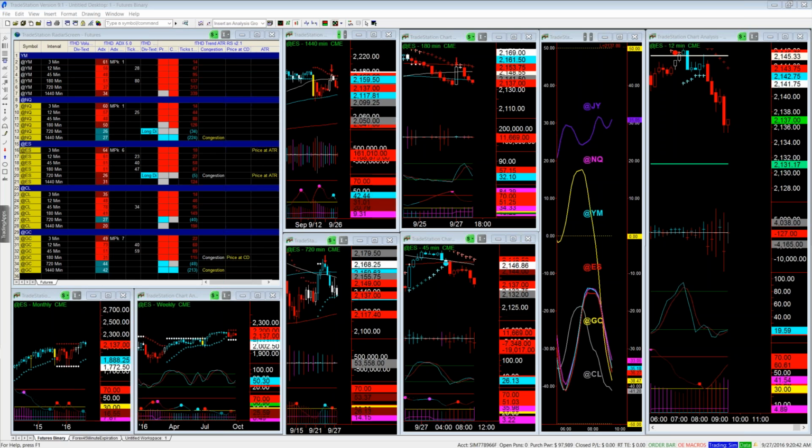Do y'all see how these magenta peaks are coming in on the lower time frames? Now, if they roll into these higher time frames at the U.S. Open, they're going to reverse the market.